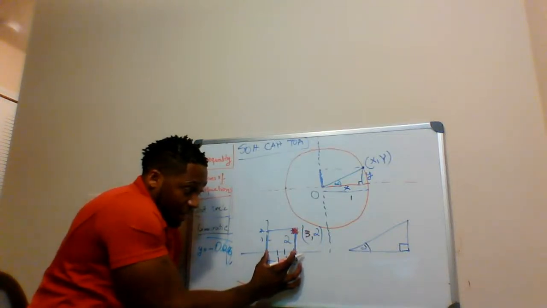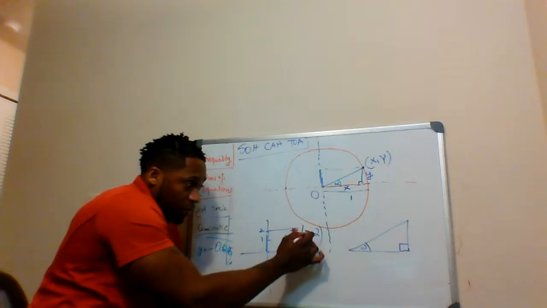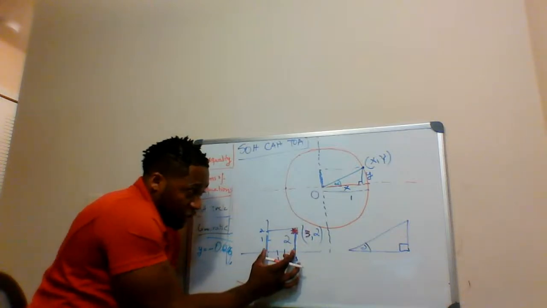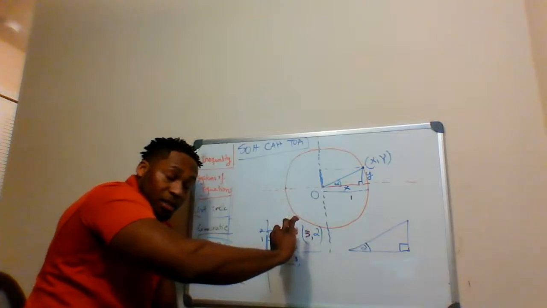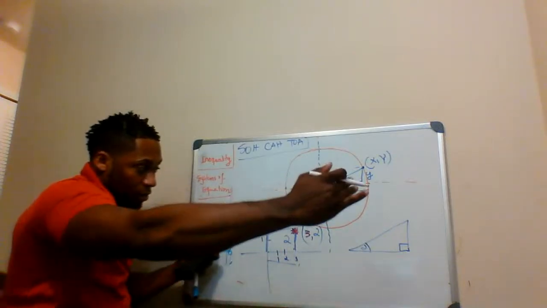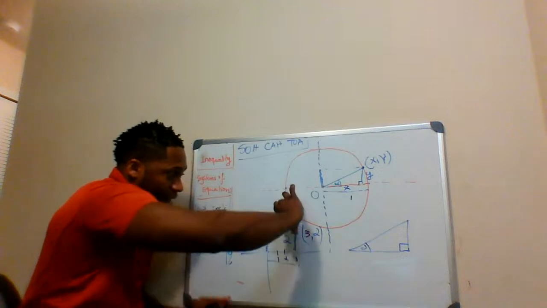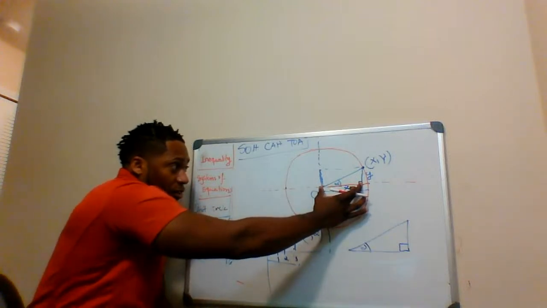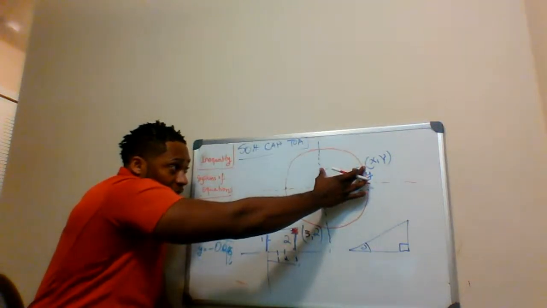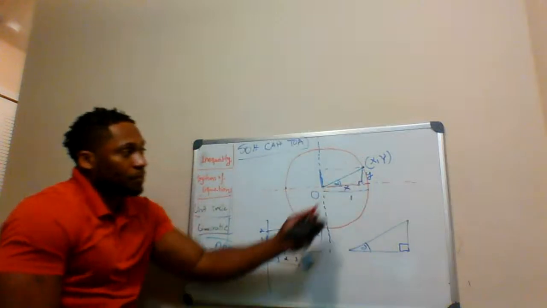If the point was 3, 2, this length here is 3, and then the height is 2. So the run is 3, the height is 2. So here, x is the run and y is the height.